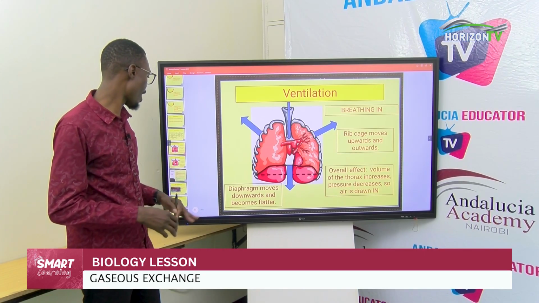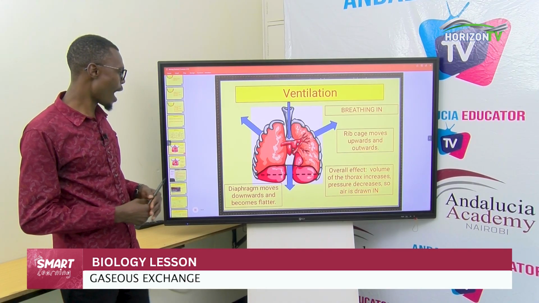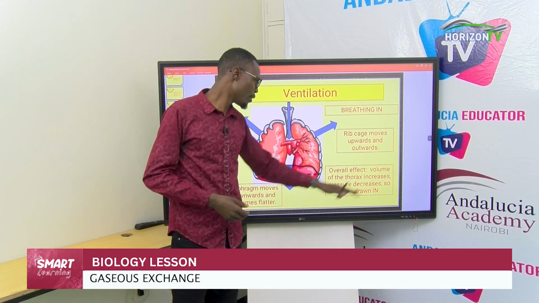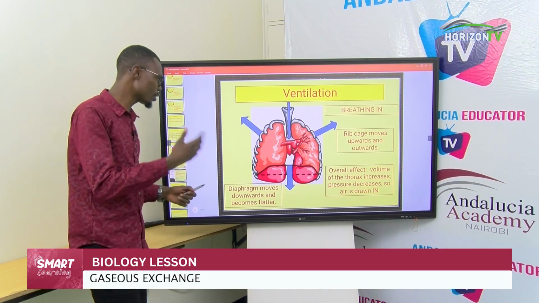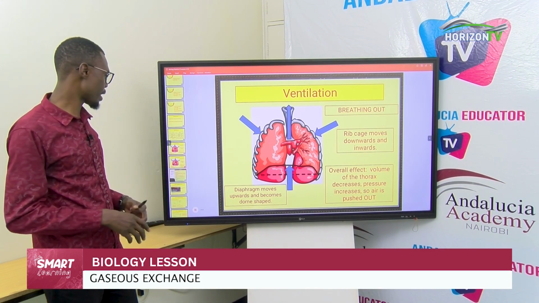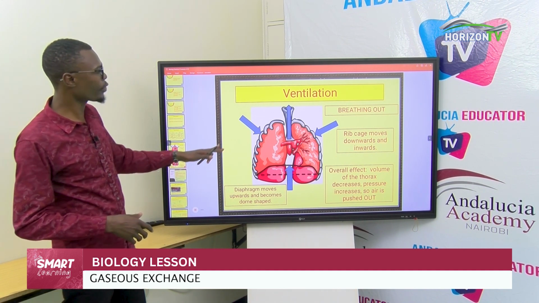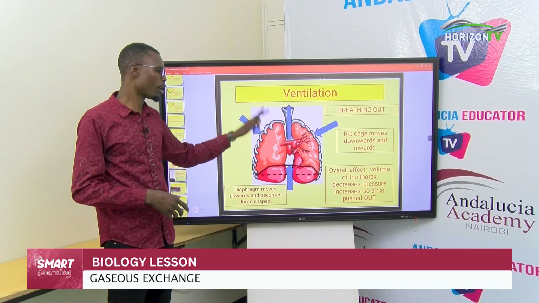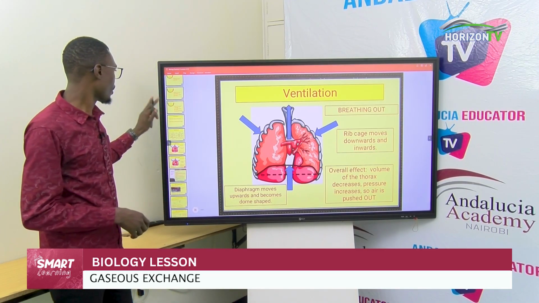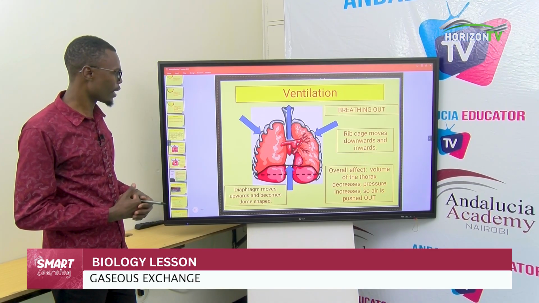The diaphragm will now form the dome shape. And overall, the volume of the lung will decrease and the pressure will increase. So you have to know this process, all ventilation and the processes that take place there.